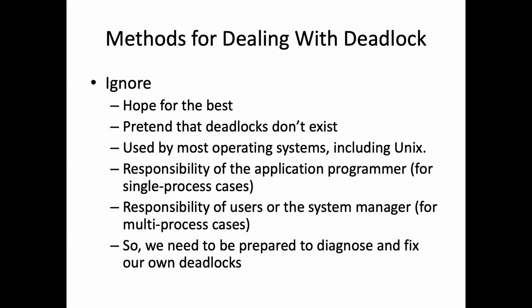I lied on the previous slide. I said there are 3 standard ways of dealing with deadlock. Now there's a 4th one that is by far the most popular way, at least for operating systems. Operating systems don't generally worry about handling deadlock themselves. They don't have support for catching deadlocks when they happen.